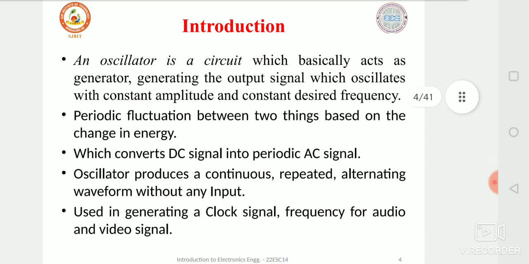First of all, you have to know what an oscillator is. An oscillator is a circuit which basically acts as a generator, generating an output signal which oscillates with constant amplitude and constant frequency.